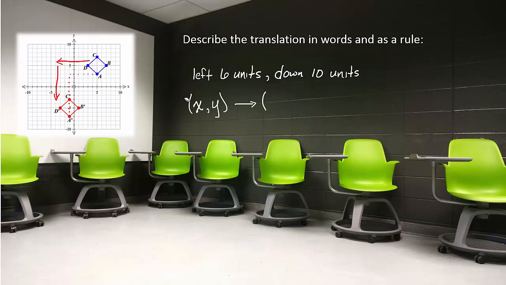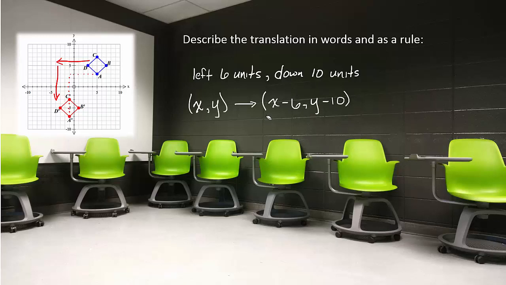And now we got to write, how did we go from X to X prime, or A to A prime, B to B prime? We went left 6 units. So we are going to say X, since we went left, that's minus, because you're decreasing on the number line. So this is X minus 6. And since we went down, this is Y minus 10.